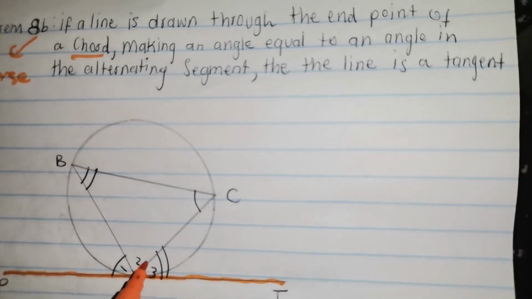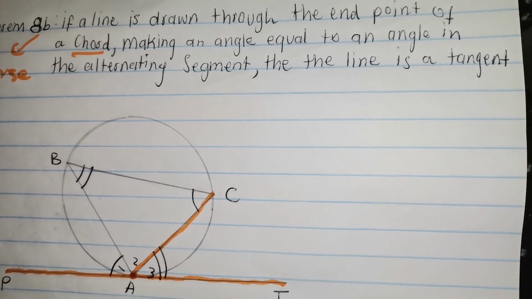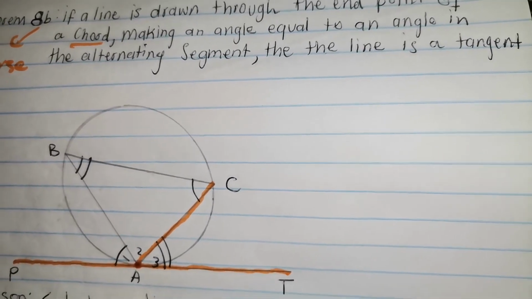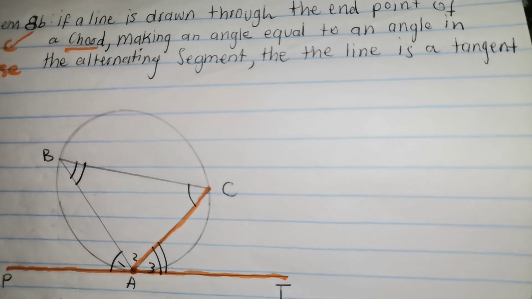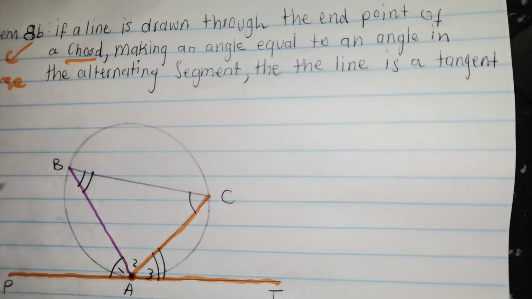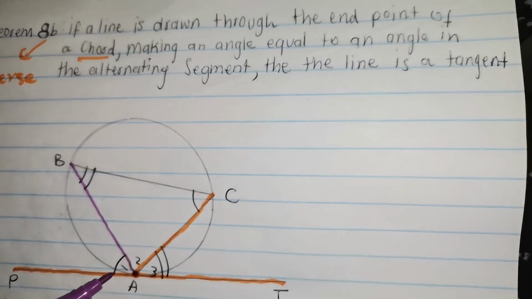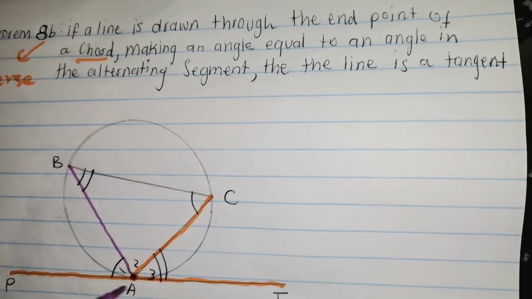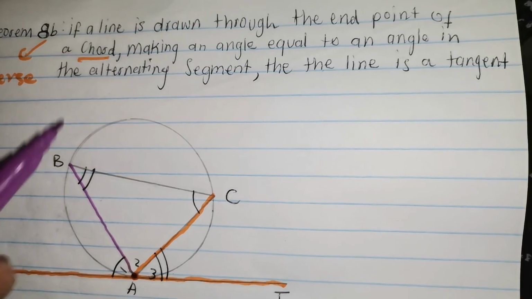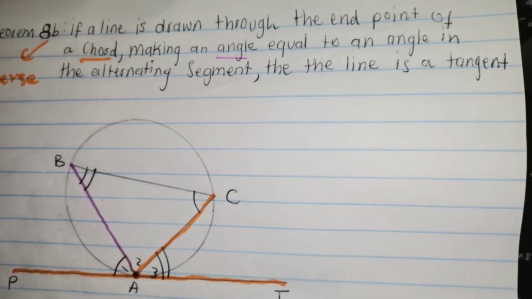It can be this chord or this chord. So if a line is drawn through the end of a chord, making an angle equal to the angle in the alternate segment, then the line is a tangent.